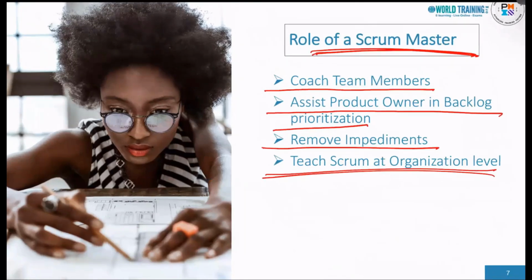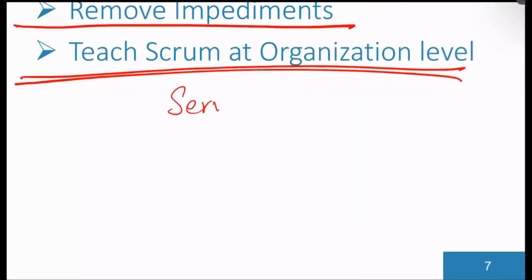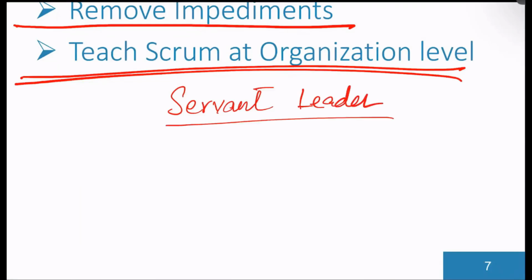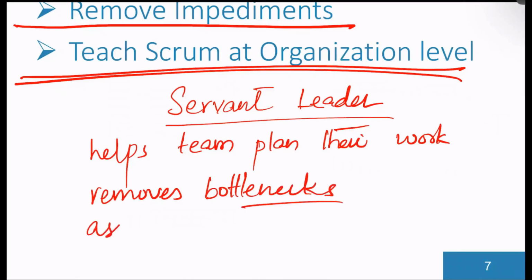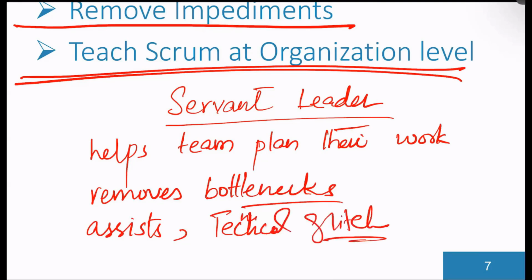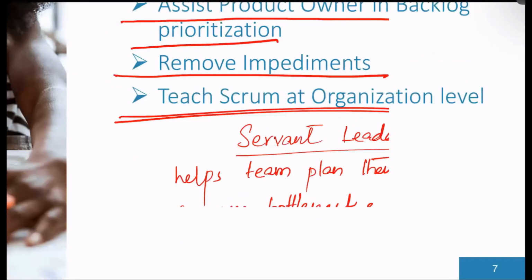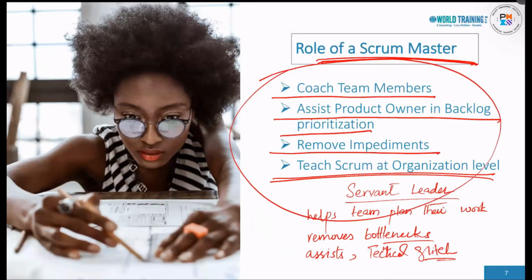So Scrum Master is a servant leader who leads from the front, who helps the team plan their work, who removes bottlenecks and impediments, and who assists team members whenever there is any technical glitch or problem or where the team needs help. So this is the responsibility of the Scrum Master.